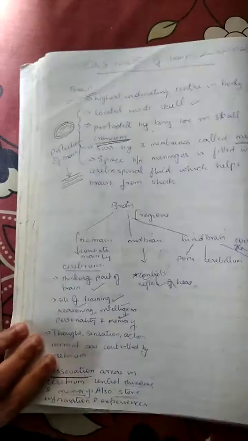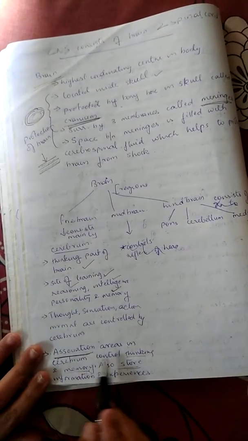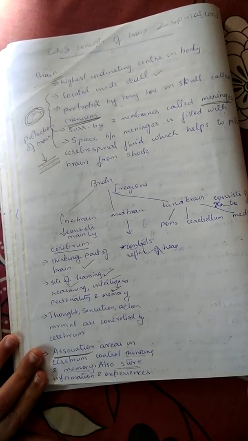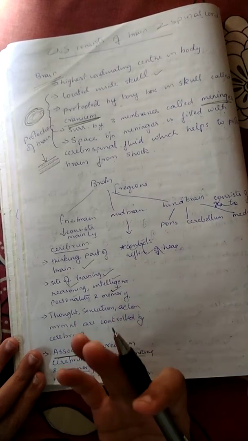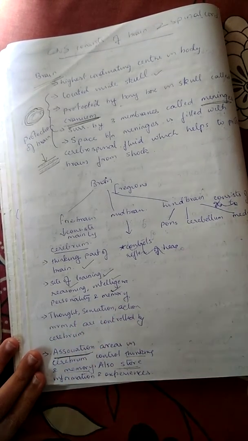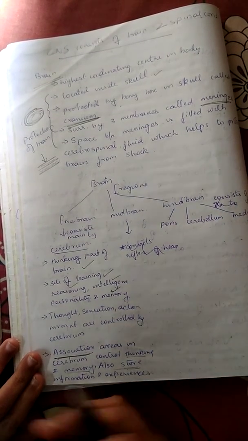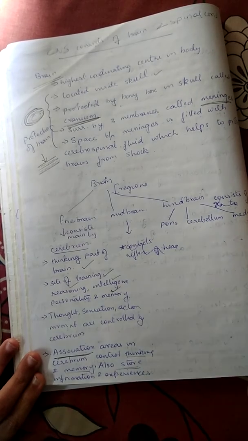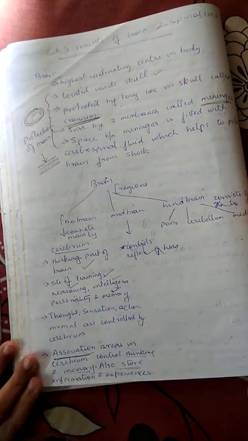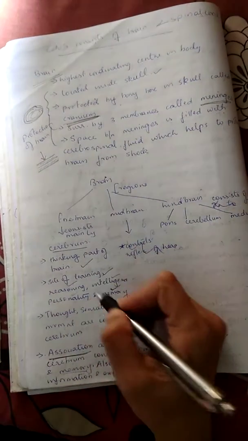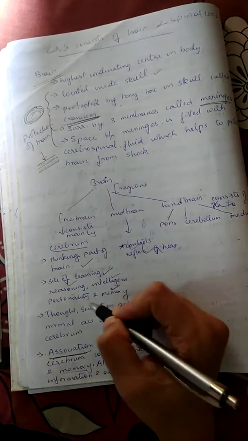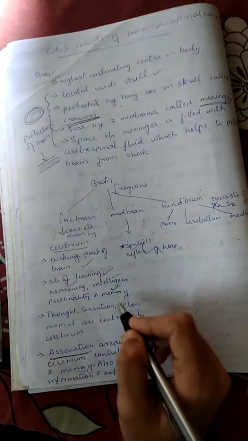So there are various parts in the cerebrum: association areas, sensory areas, and motor areas. Association areas control thinking and memory. Sensory areas receive information from the sense organs, and the motor area sends out information through the motor neurons to various parts of the body. The cerebrum is the major thinking part of the brain, the site of learning, reasoning, intelligence, personality, and memory.